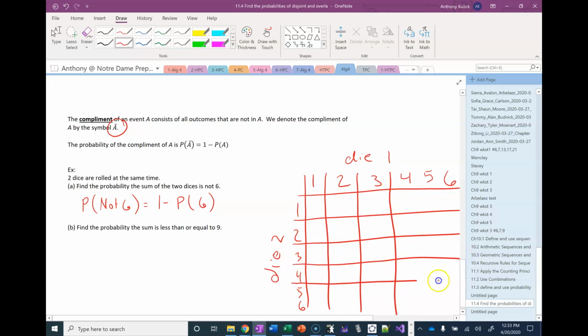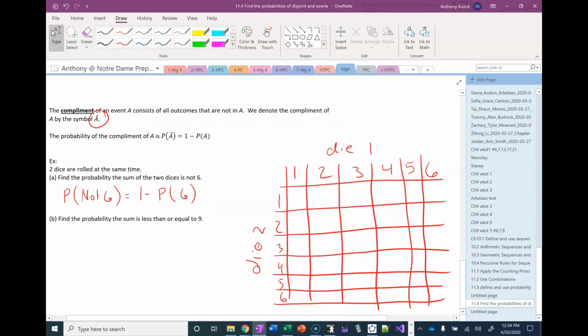And then what we're going to do is write the sums in our table here, since that's what we're interested in. So if I roll a 1 and a 1, the sum is 2. If I roll a 1 and a 2, the sum is 3. If I roll a 1 and a 3, the sum is 4. And you get the idea from here, I hope.